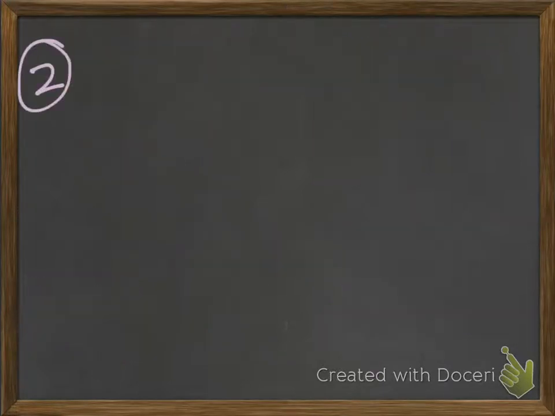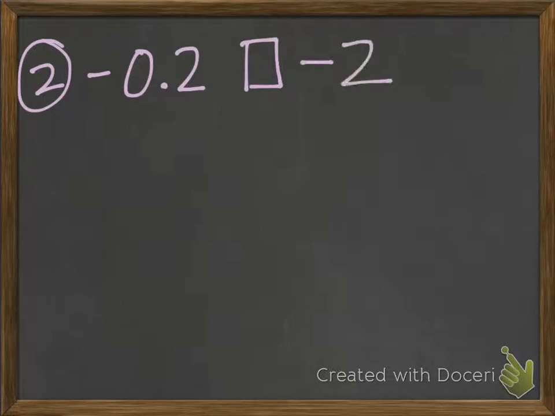Okay, here's your next one to try. Number 2, negative 2/10 is less than, greater than, or equal to negative 2. The way we look at this is I compare the greatest place value first. Since they're both negative, I like to line them up, like this.